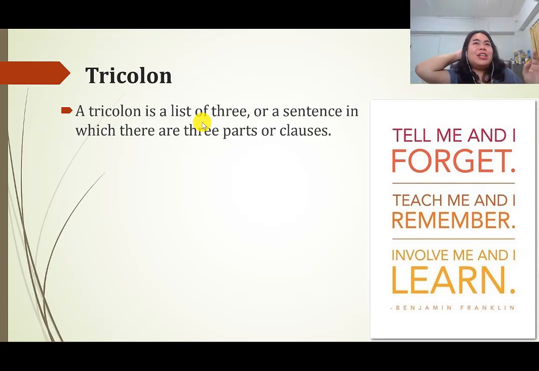Instead of the example that I gave you about Yaya is the best actress, a good actress, I divided that quality into 3 qualities instead. That's also a tricolon. Okay, 3 parts, 3 clauses, or just a list of 3 things.